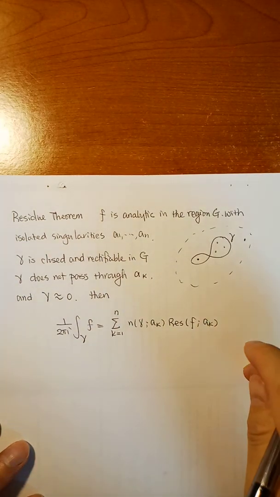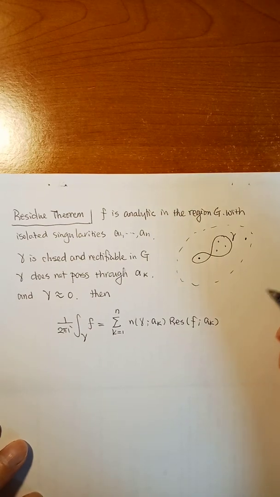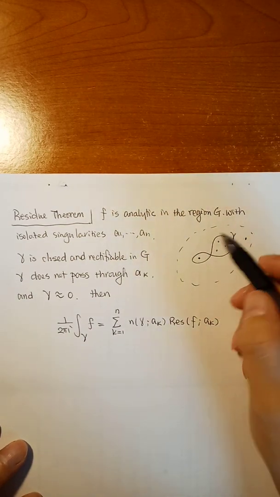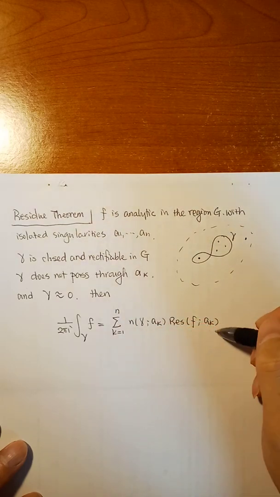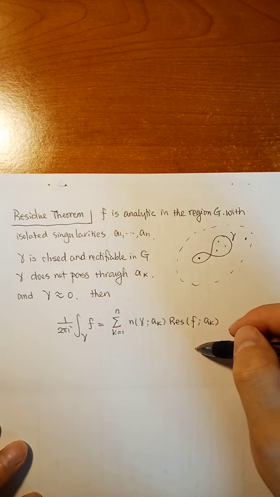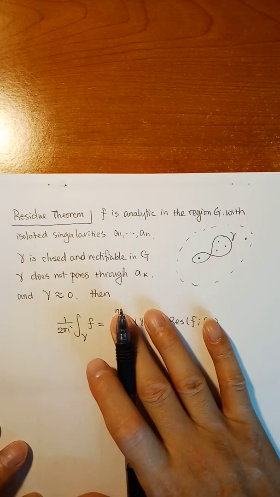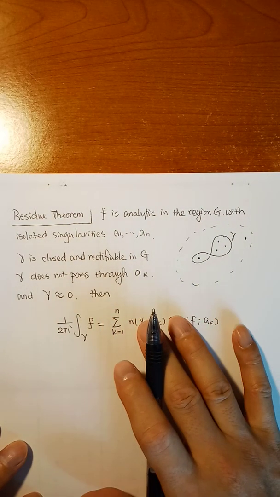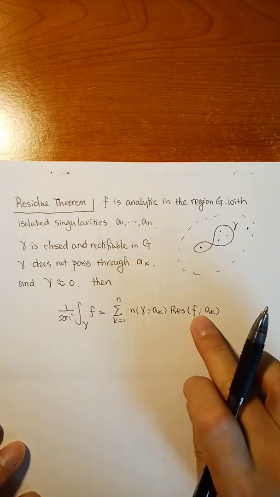Okay, so this is the residue theorem. If the function is completely analytic without a singularity, the residue part will be 0. If the residue part is 0, then this is 0. That's Cauchy's theorem. So the residue theorem can be considered as a generalization of Cauchy's theorem.